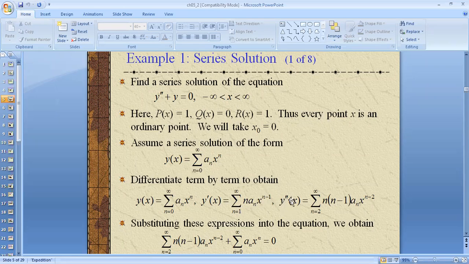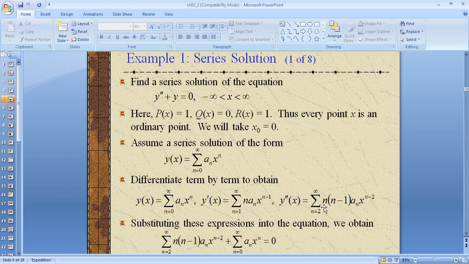Y double dash equals the similar differentiation again on both sides. We get the second derivative, starting with n equals 2, of n into n minus 1 a n x to the power n minus 2.